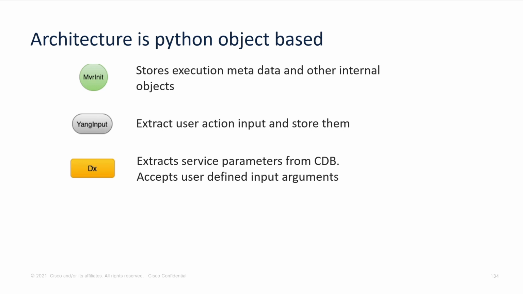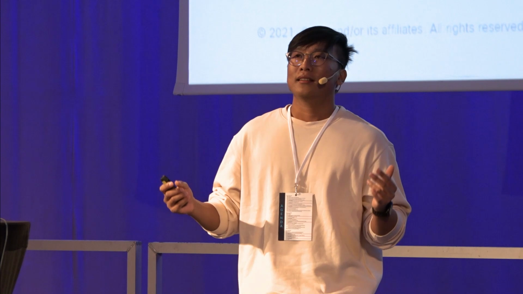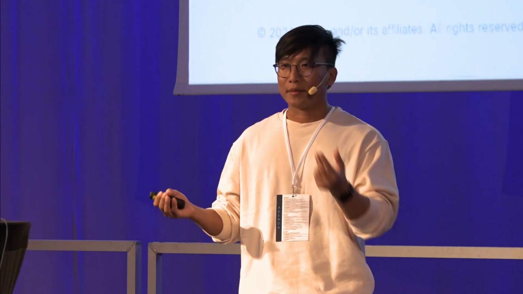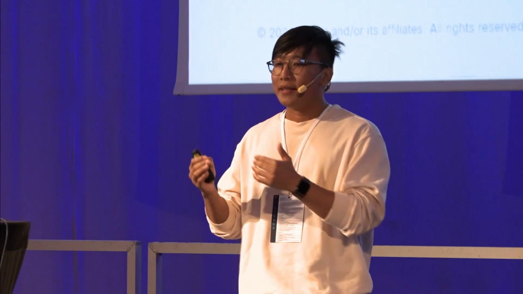You just need to know where that data is located from the XPath perspective, and you can always get it by executing show running config pipe display XPath, right? So think of DX as a simple Python function which accepts some parameters, extracts some data, and gives it back to you in some standardized format.